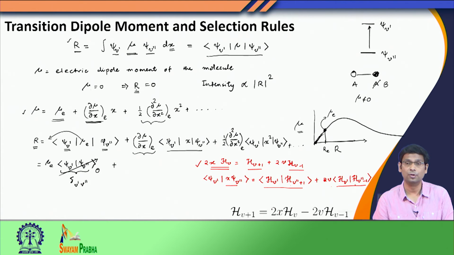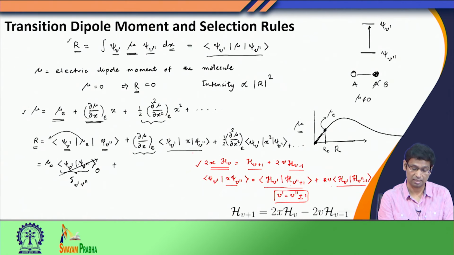Now, we know these Hermite polynomials are again orthonormal, so they would become 0 unless v prime and v double prime, the bra and ket, are the same. Therefore, the first integral will survive only when v prime is equal to v double prime plus 1, and the second integral will survive only when v prime is equal to v double prime minus 1. For all other values of v prime and v double prime, this integral will become 0.